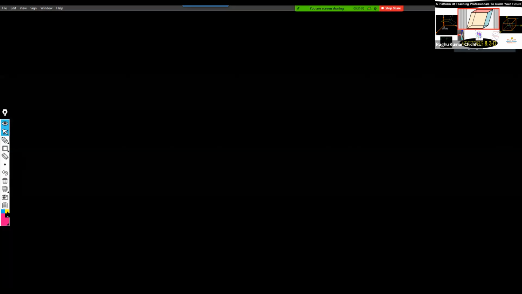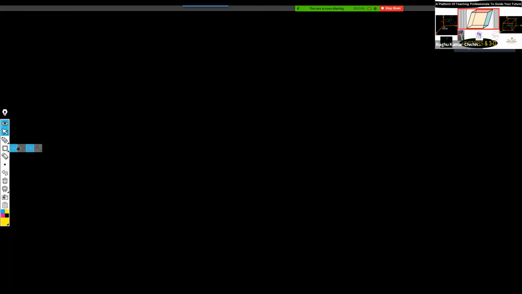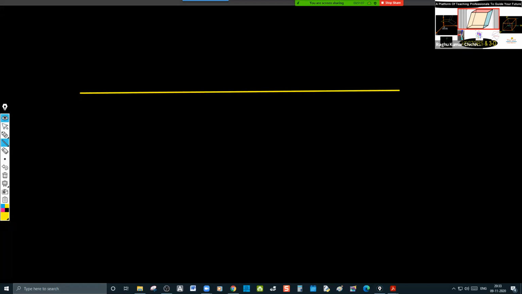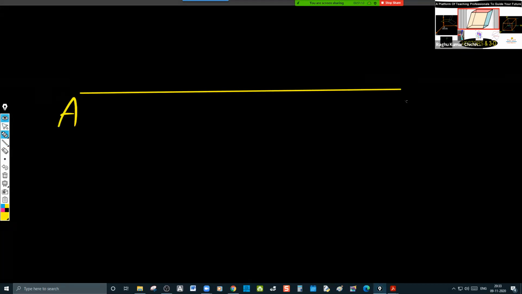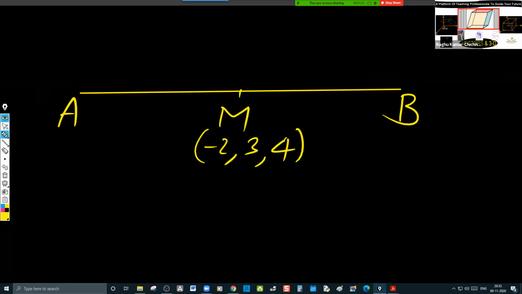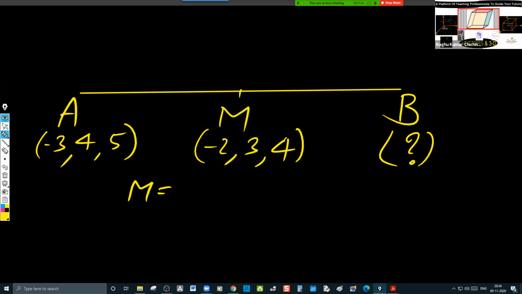For example, you have a line. Whatever the concepts or short forms I'm teaching you here are very much applicable even to two-dimensional geometry. You are given a midpoint as something like minus 2, 3, 4. You are given a point A, one extremity, as minus 3, 4, 5, and you have to find out this point B. Just remember this notation.